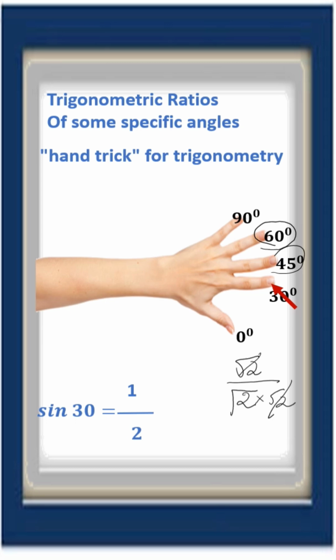Cancel these two. So sine 45 is 1 by root 2. Similarly, sine 60 is root 3 by 2. Sine 90 is square root of 4 by 2, that is 2 by 2, that is 1.